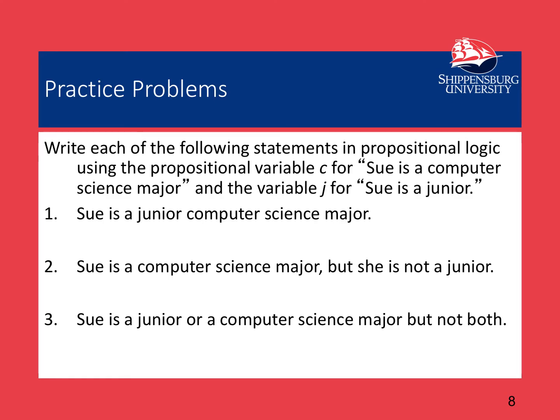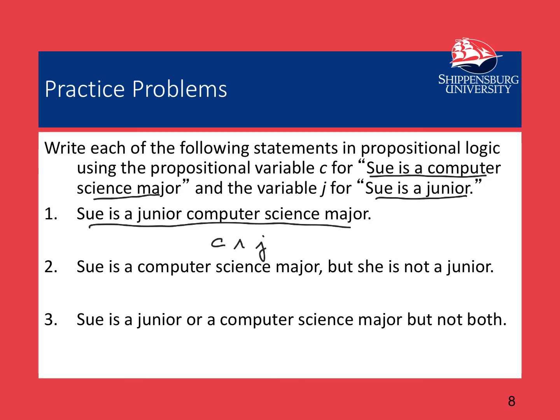So for example, if the propositional variable C stands for Sue is a computer science major, and the propositional variable J stands for Sue is a junior, and again, these are unambiguously true or false as long as we know who Sue is, then a statement like Sue is a junior computer science major would be represented as C and J. Notice the English sentence doesn't have the word and in it, but it expresses the idea that Sue is both a junior and a computer science major. And so I would write that as C and J.